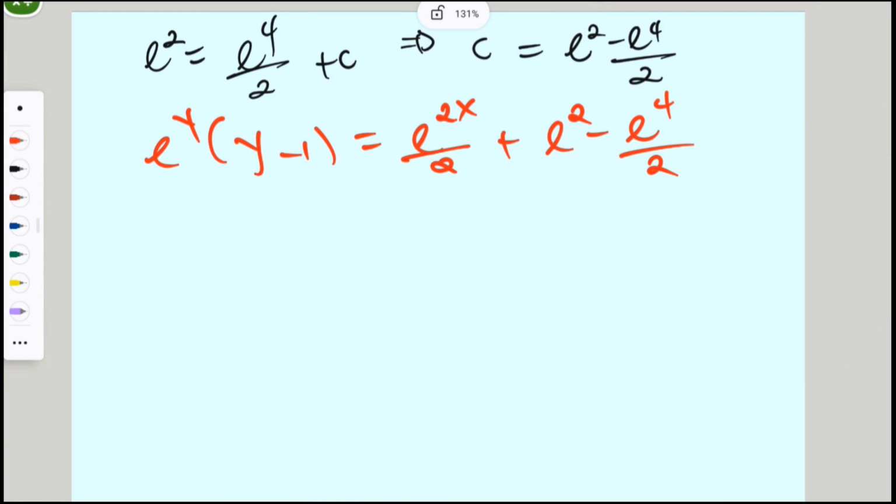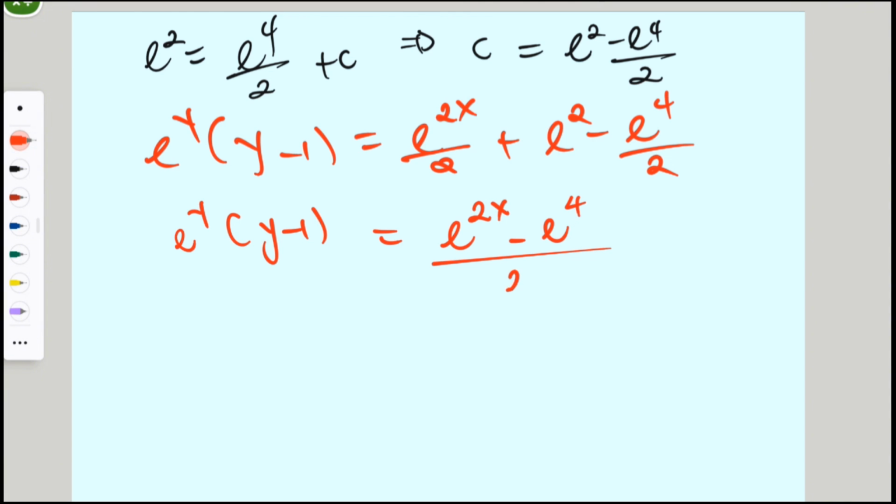We simplify it, and we should get our equation e to the power y, y minus 1 equals e to the power 2x minus e to the power 4 over 2 plus e squared. Or we just put this on the same denominator, 2e squared. And there we have it.